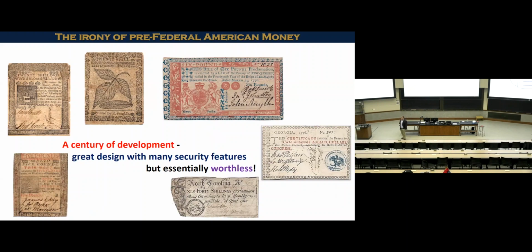It's interesting that over 100 years during the colonial, pre-federal time, local printers developed really nice designs. They came up with ingenious solutions to combat this underworld counterfeiting, which was an individual process.